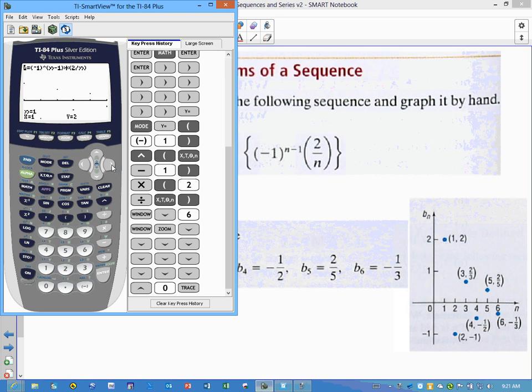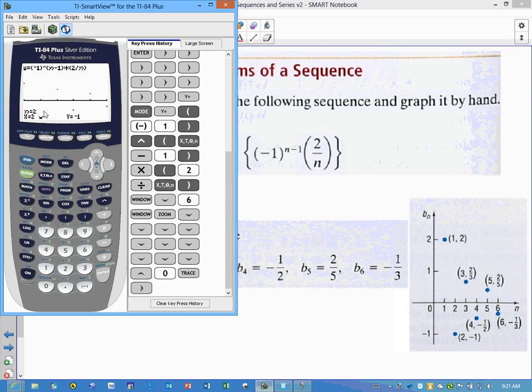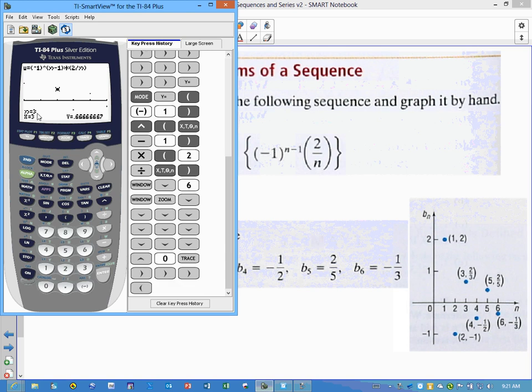And then if I hit the right arrow, it goes to the point when n equals 2. When n equals 2, we have 2 comma -1. When n equals 3, we have 3 comma what amounts to 2/3, and so on. You can keep going through your points. Going right goes to the next higher value of n. Going to the left goes back to the lower value of n.